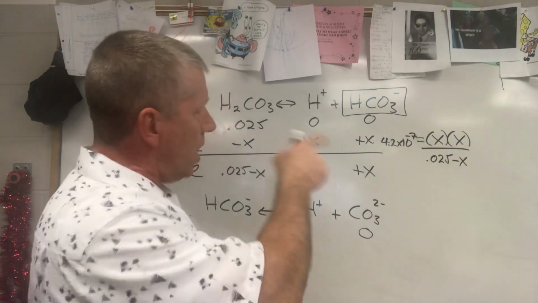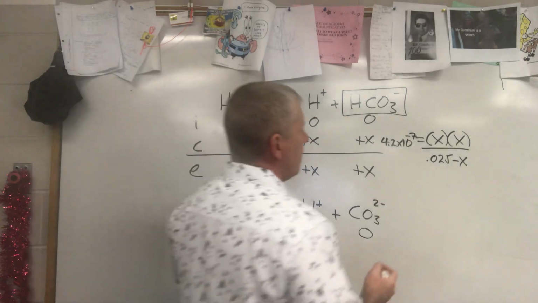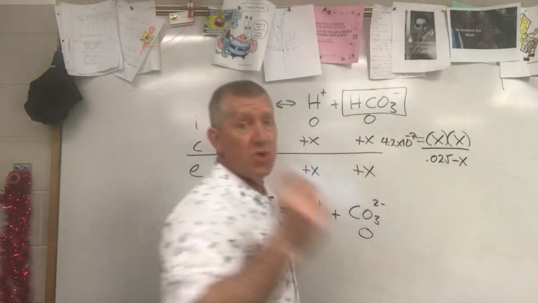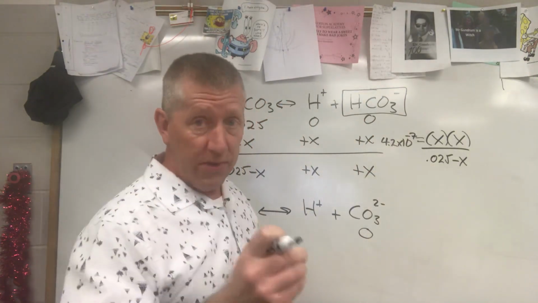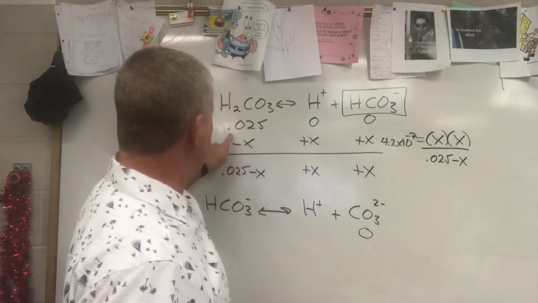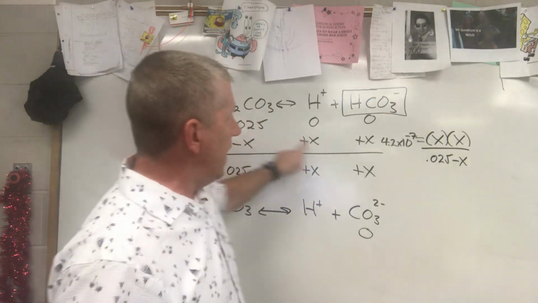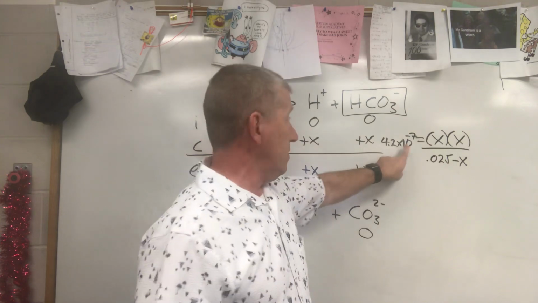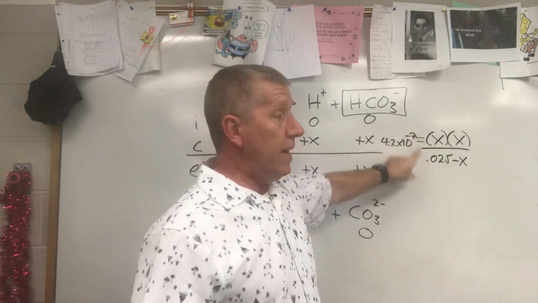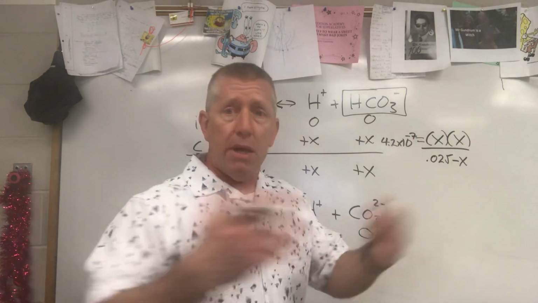All right, so I solve for X here. If I go ahead and solve for X, I am going to get rid of this X. It is small. The rule of 100 says that if you take the initial concentration, 0.025, and you divide it by the K value, which is really tiny, and you get a number greater than 100, we can ignore it.